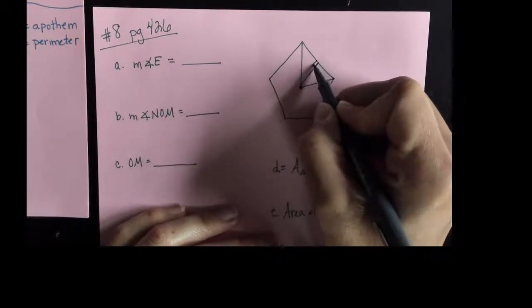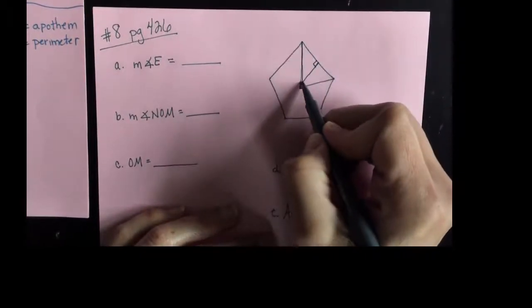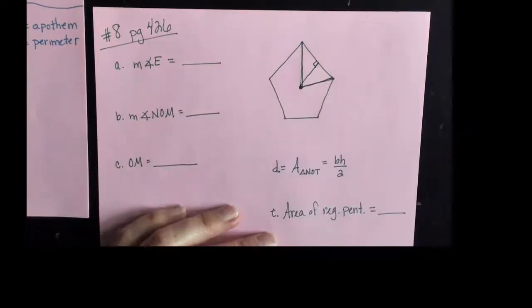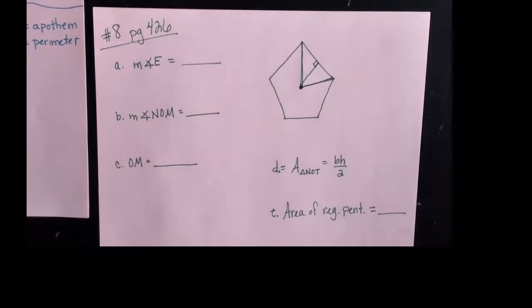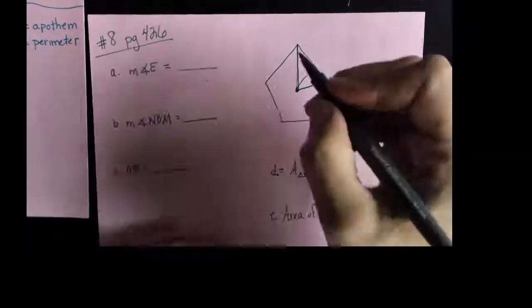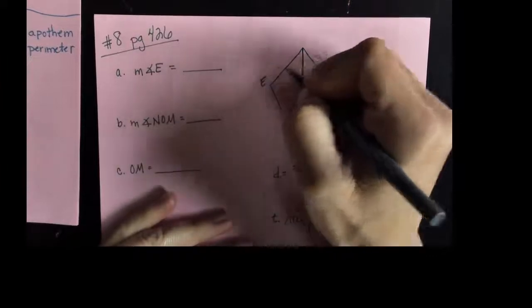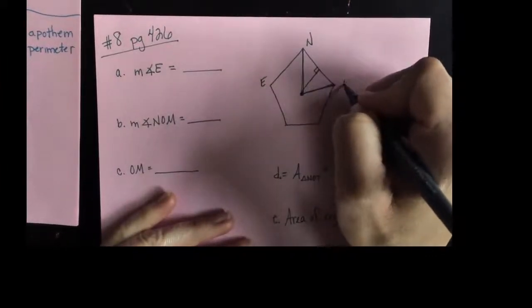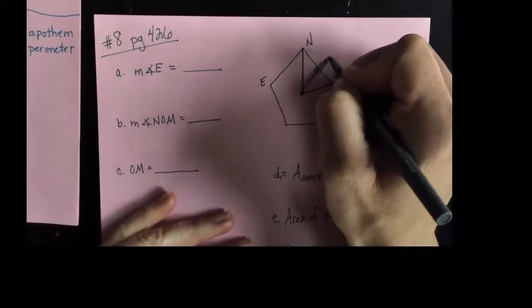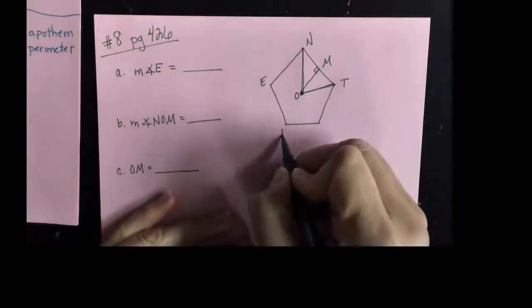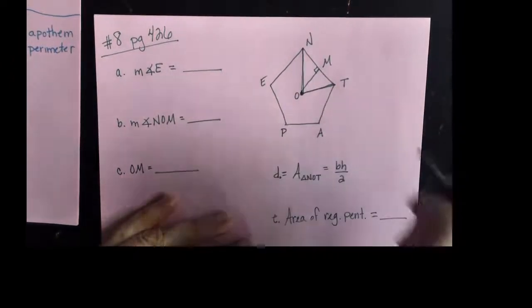This altitude that we just drew in this isosceles triangle is also referred to, again, back from chapter 1, as the apothem. So we have some crossover here because we did some things out of order according to this textbook.